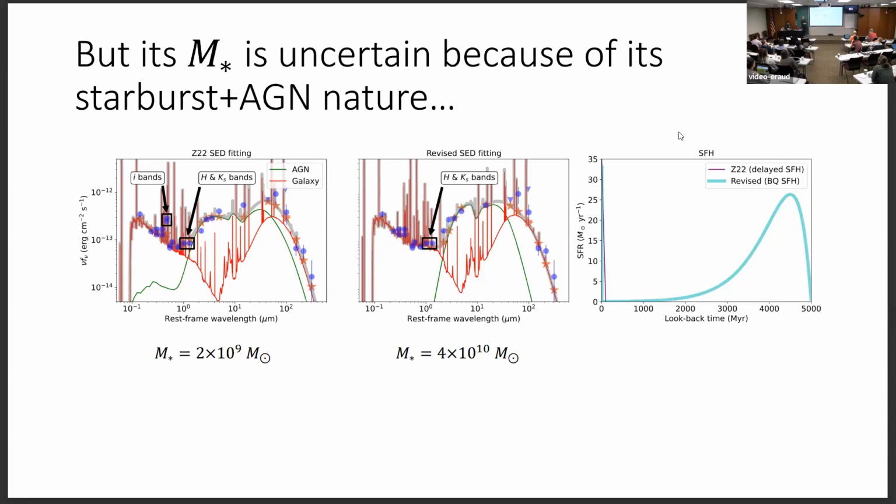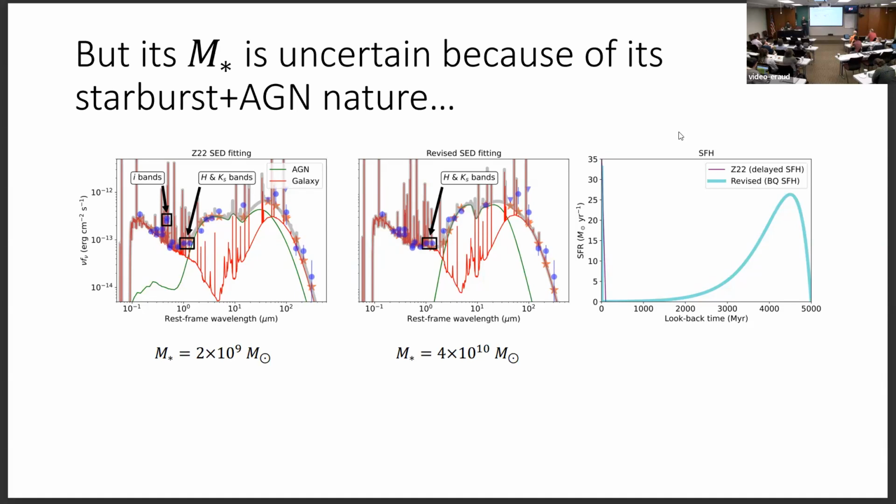The problem is that in the near-infrared band, we don't know how much is contributed by the AGN or by the galaxy, and this leaves a lot of room for the existence of old stars, so it's probably that this source could have a much larger stellar mass.